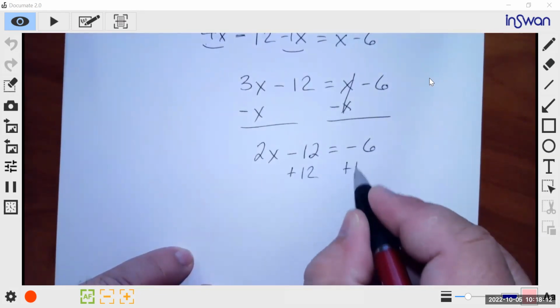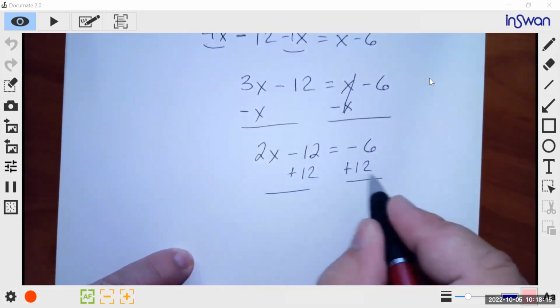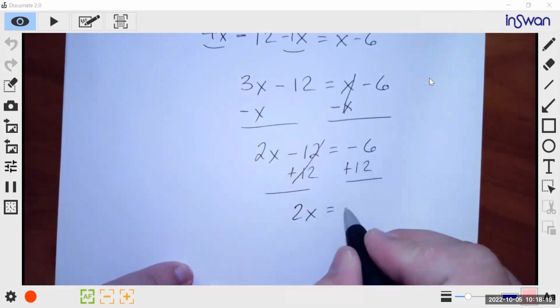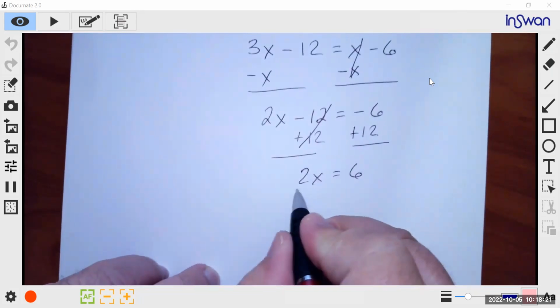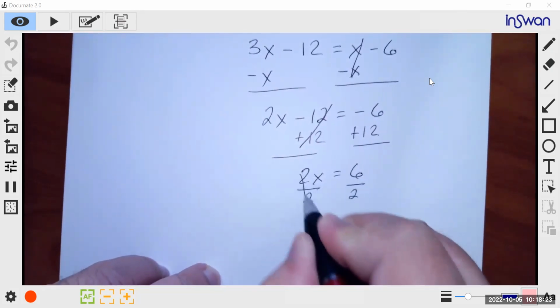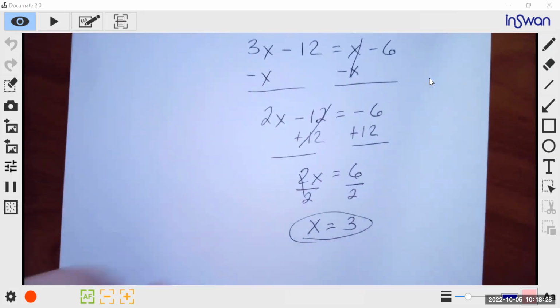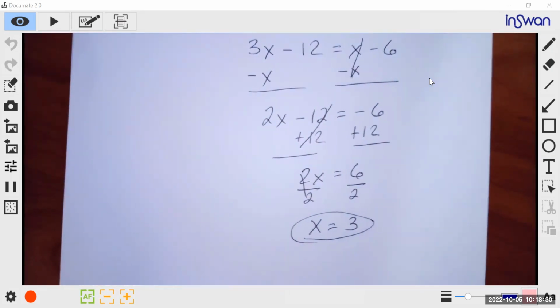Add 12, because we have all the x's on one side. 12 minus 6 is 6. Divided by 2.